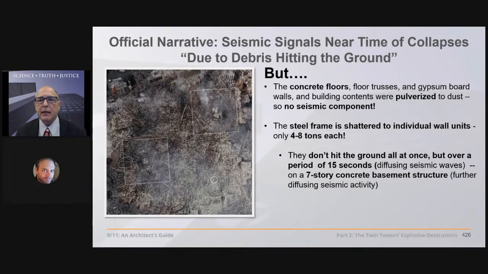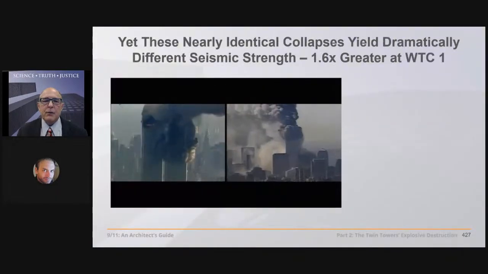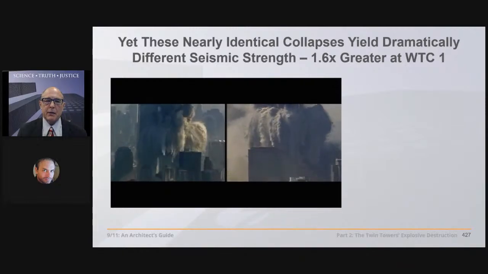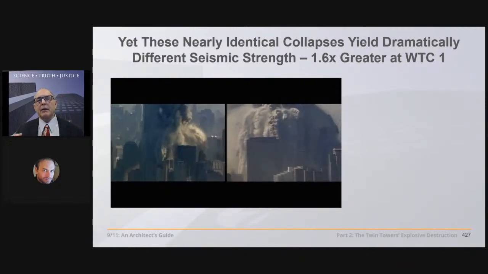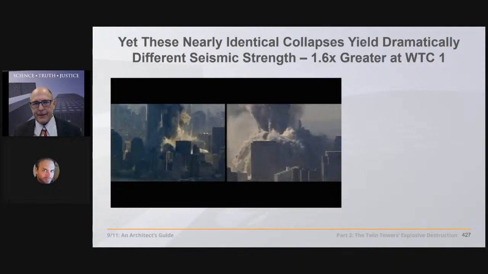It's not a building hitting the ground all at once, but it's over 15 seconds, as you saw. And they're equally distributed over the entire super block. And then these are also identical collapses, as you see here. Yet they cause dramatically different seismic signatures. So how can that happen?